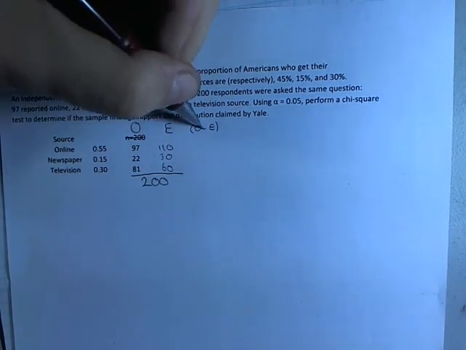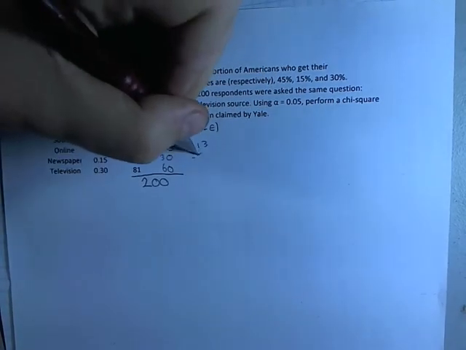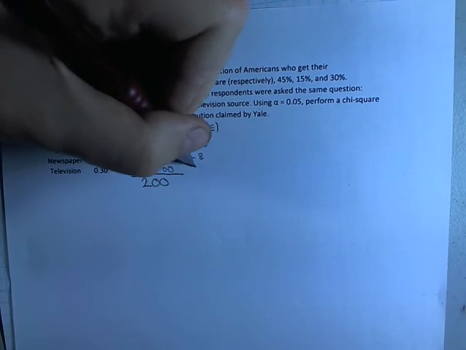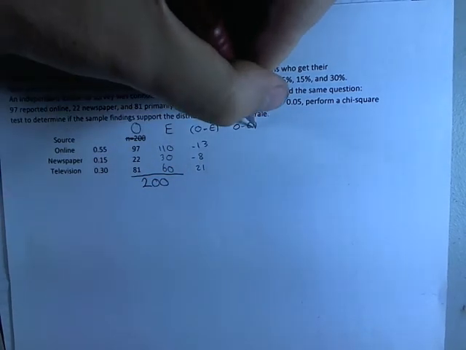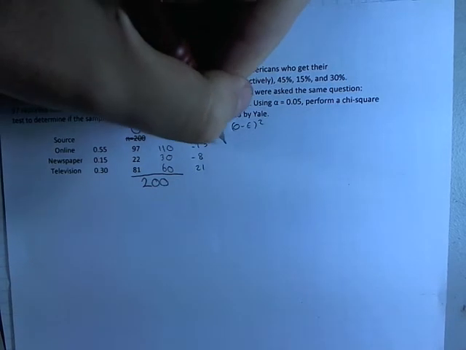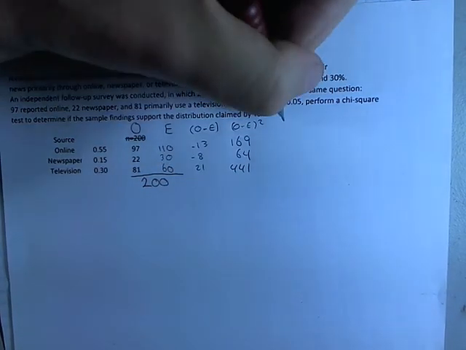So here, 97 minus 110 gives us negative 13, 22 minus 30 is negative 8, 81 minus 60 is 21. Next thing we're going to do is square those values. 13 squared is 169, 8 squared is 64, 21 squared is 441.